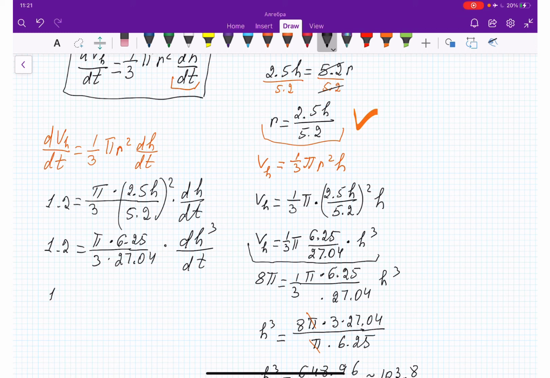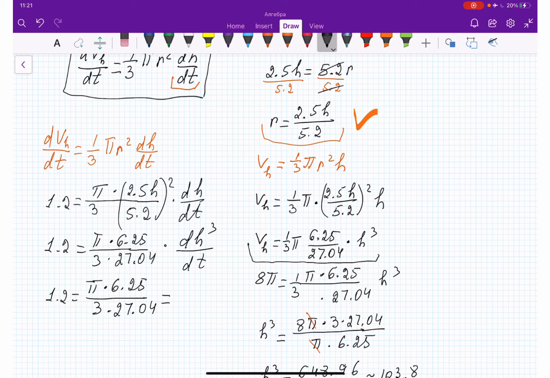It's going to be 1.2 pi. Let me see if I can divide by 3. 6.25, 6 plus 2 is 8, 8 plus 5 is 13. No, I can't divide. All right. Times 6.25 divided by 3 times 27.04.